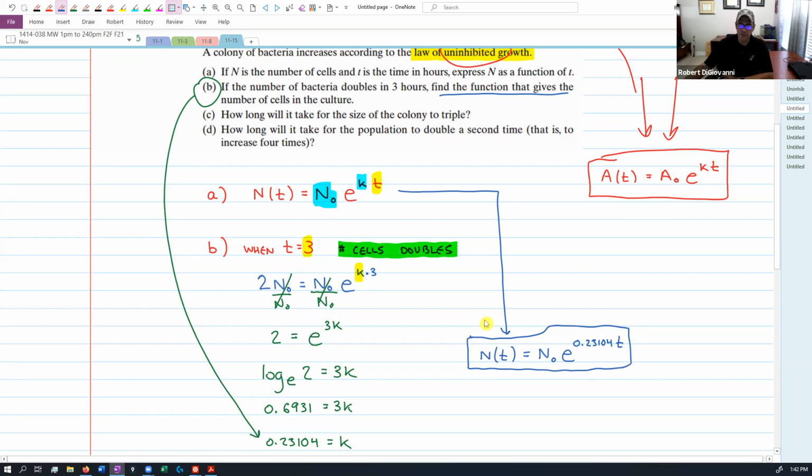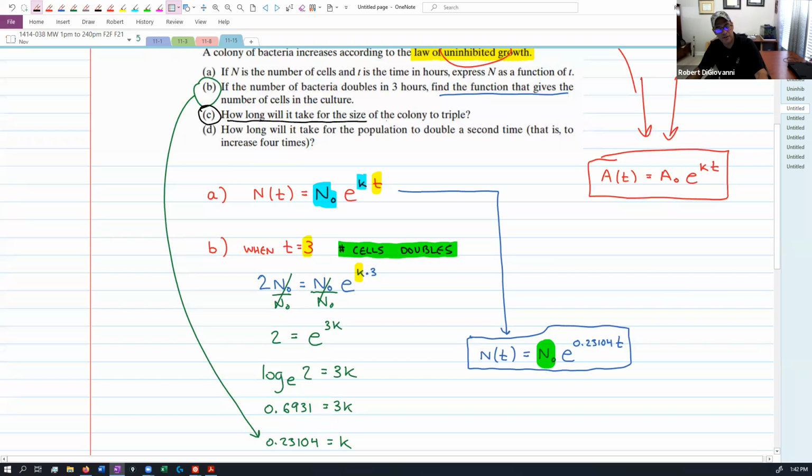In this formula we have now solved for k, but we still don't know how many there are in the beginning. We just know that whatever it is, this is the actual growth rate for it.